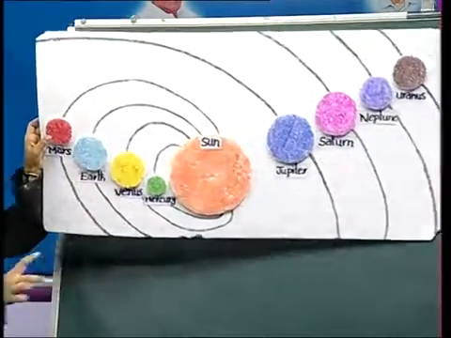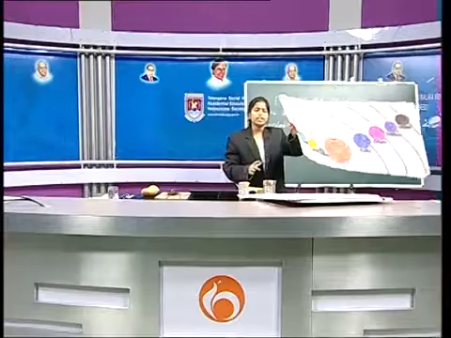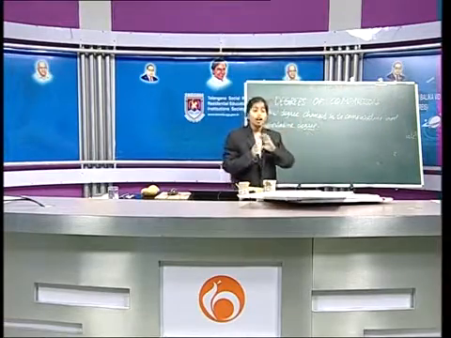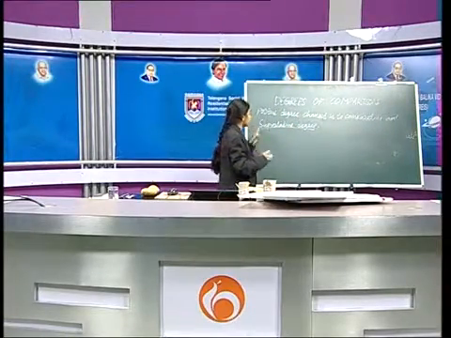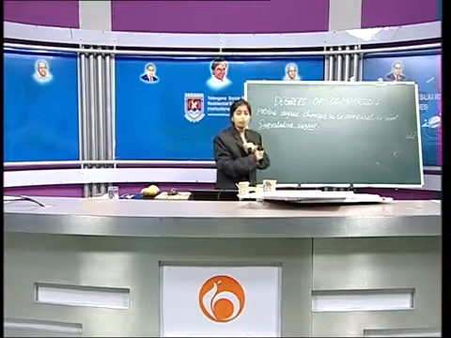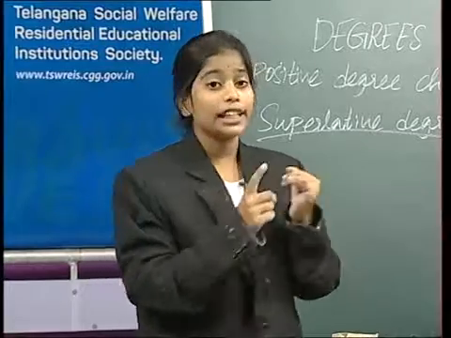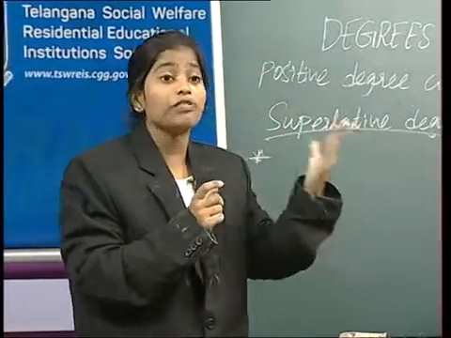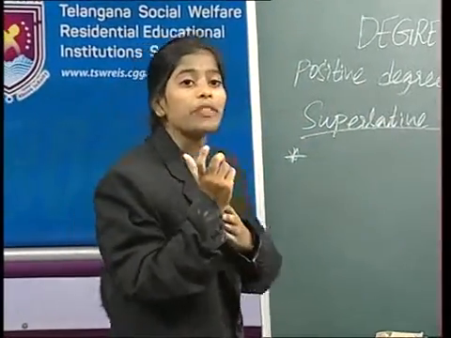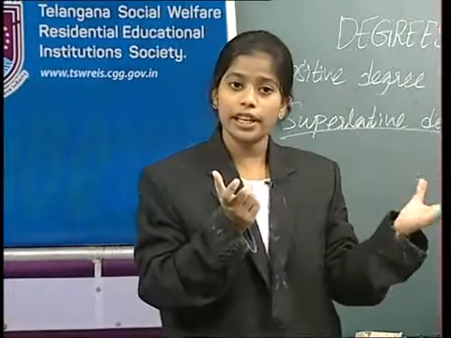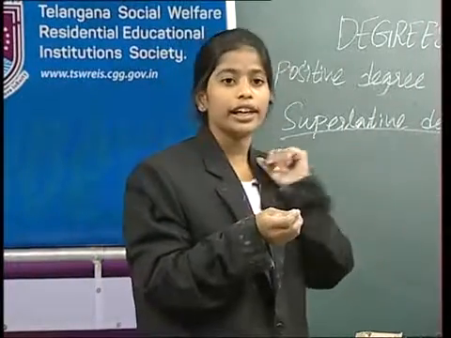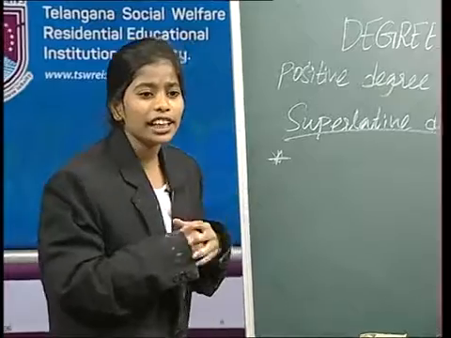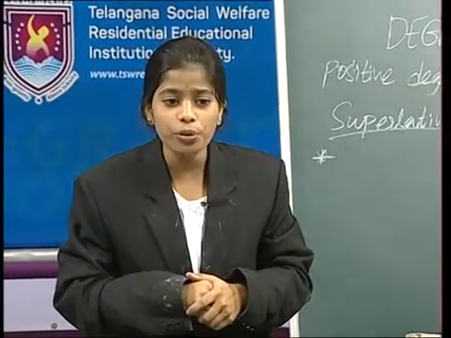Here -est is added. The positive form compares only one noun and the comparative form two nouns, but the superlative qualifies the supreme quality of a person, place or thing. Okay friend, I think the doubt is clarified for you.